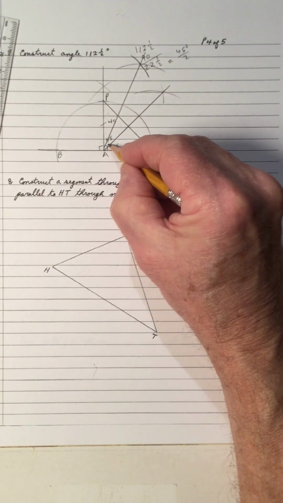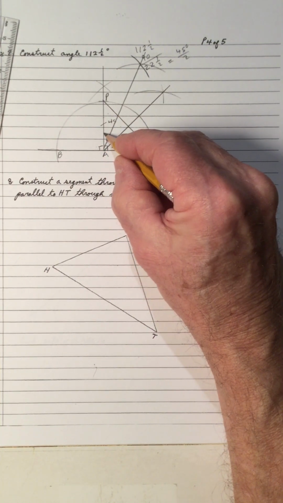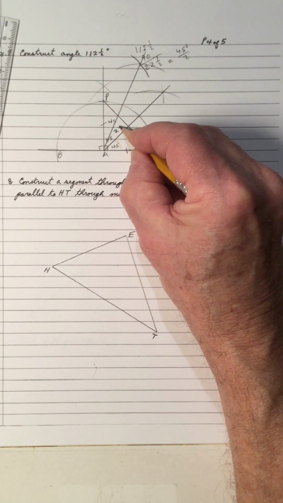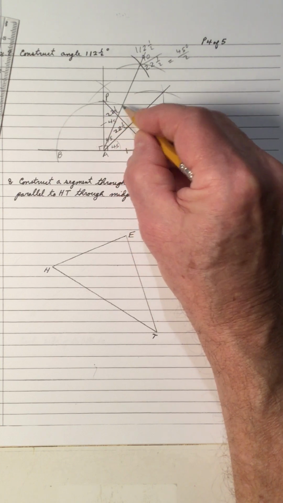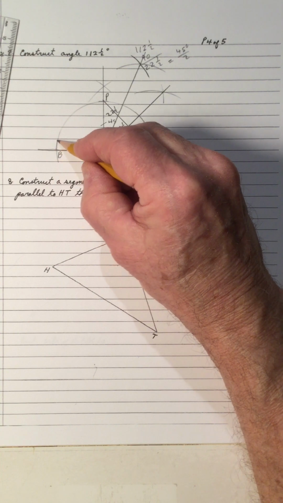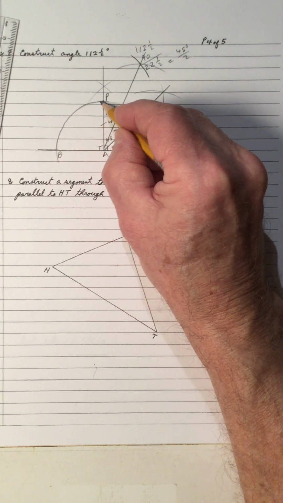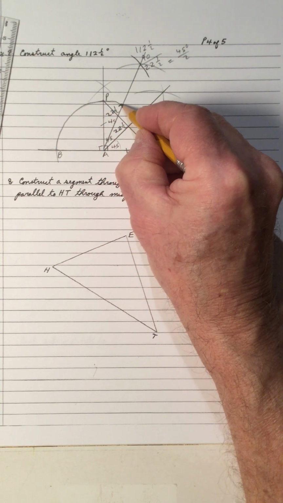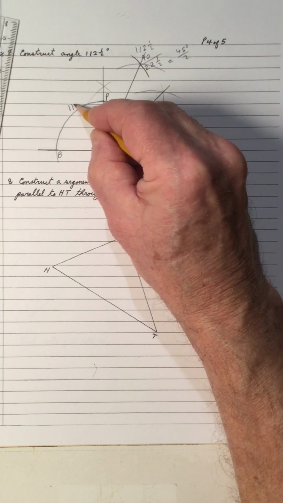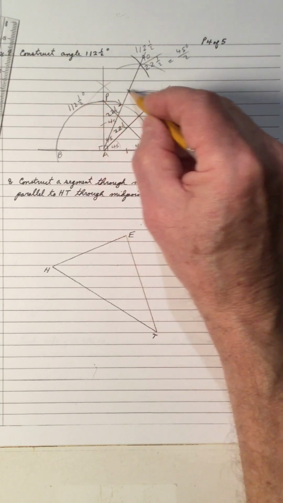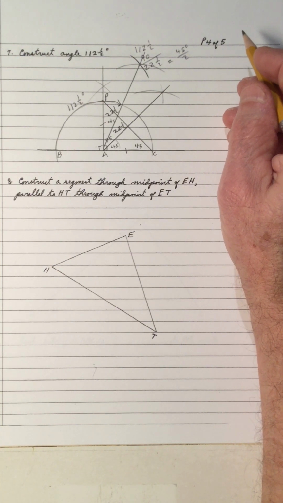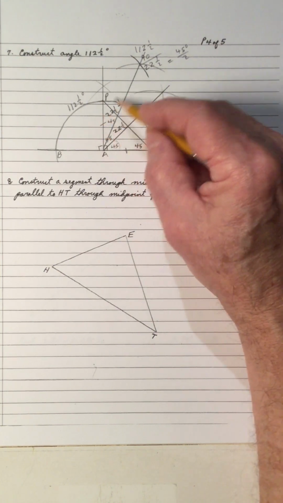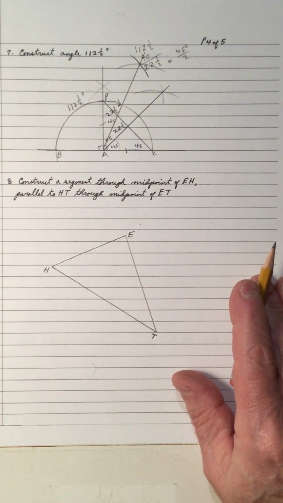So this is a 45-degree angle here. This is a 45. Now I've made this angle 22.5. I've made this angle 22.5. So rotating from here, that's a 90, and 22.5 there. So this is 112.5 degrees from here to here. And we did that with a compass and a ruler.